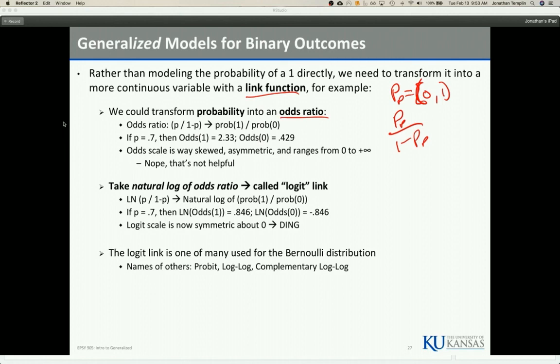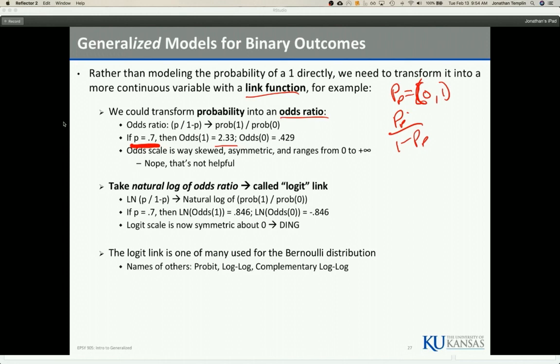And the way this works, if you have a probability of an event occurring, then the odds of that occurring would be that probability divided by 1 minus that probability. So if the probability was 0.7, the odds of the event occurring would be 2.33. So it's 2.33 times more likely the event occurred than didn't.